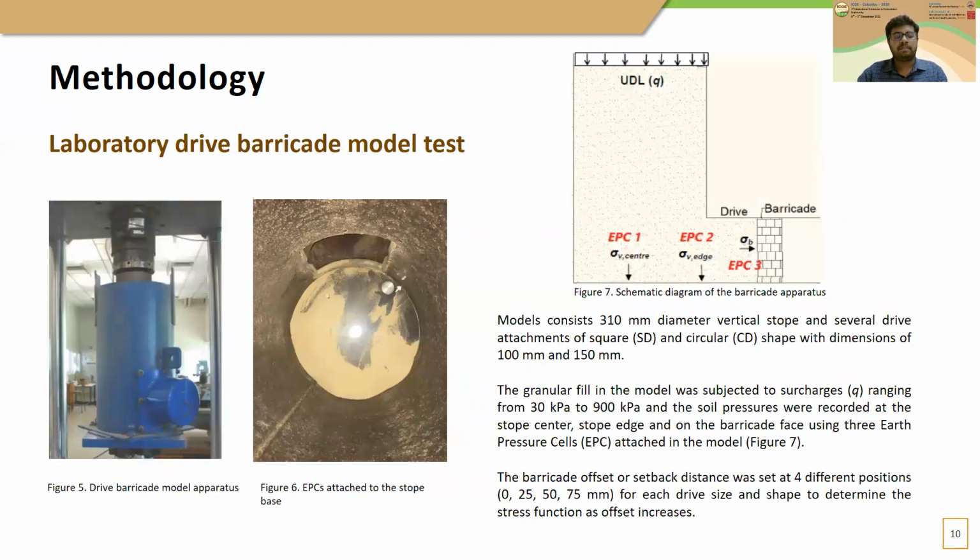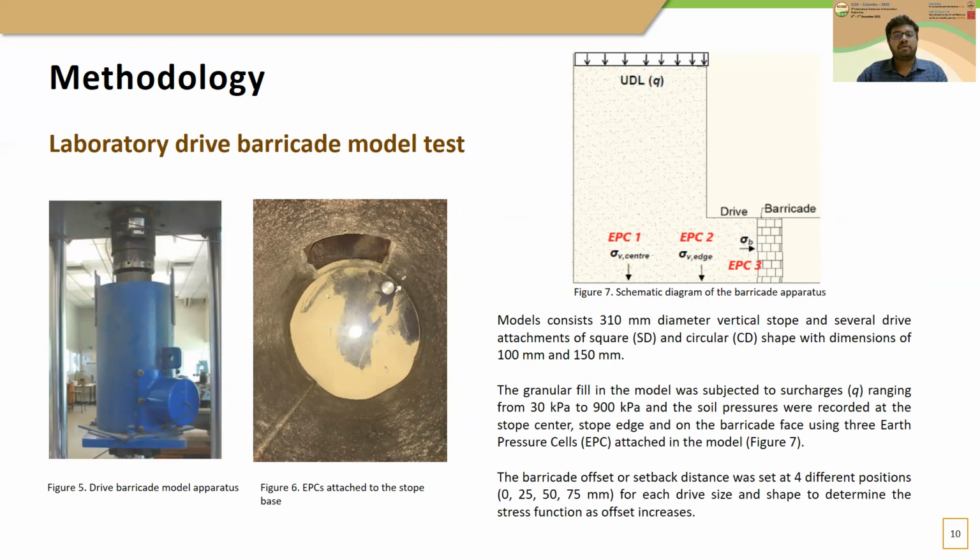Figure 5 shows a barricade laboratory model called barricade apparatus, comprising 310 mm diameter vertical stope and several drive attachments of square and circular shape with dimensions of 100 mm and 150 mm.